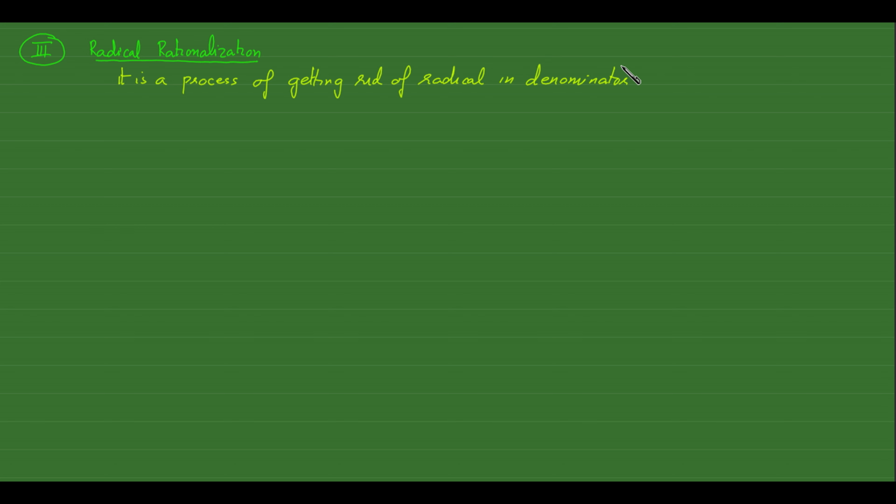You have to do one more step, which is rationalization. Now let's take a look at the first example over here. And again, we're going to start with something very simple first.